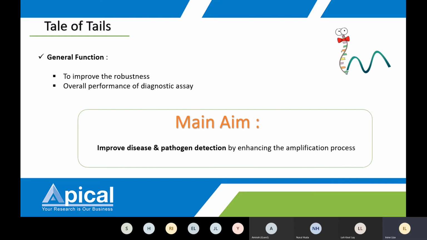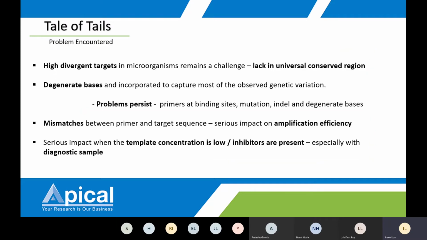The general function of adding these particular tails is to improve the robustness and overall performance of diagnostic assays. Again, the main aim is to improve disease and pathogen detection by enhancing the amplification process. This is basically why we add the tails.